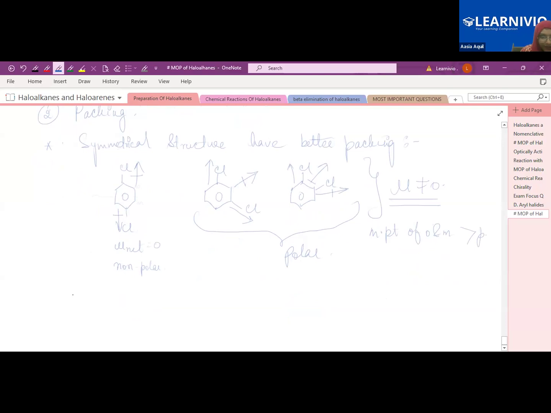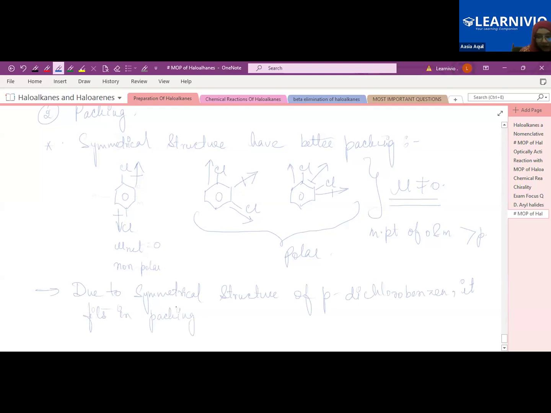After that, you can add this point. Due to the symmetrical structure of para dichlorobenzene, it fits in the packing.